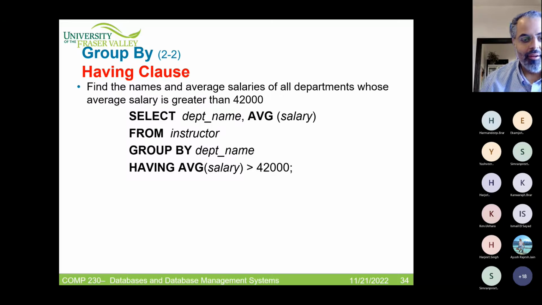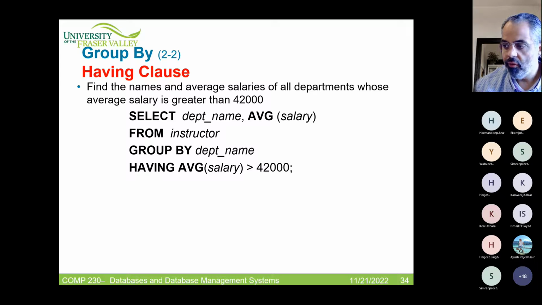So returning back here about group by and having. What if you want to make a condition based on the output of the grouping? After I make the average per department, I don't want the whole department to be listed, just the departments that have an average salary greater than this amount.